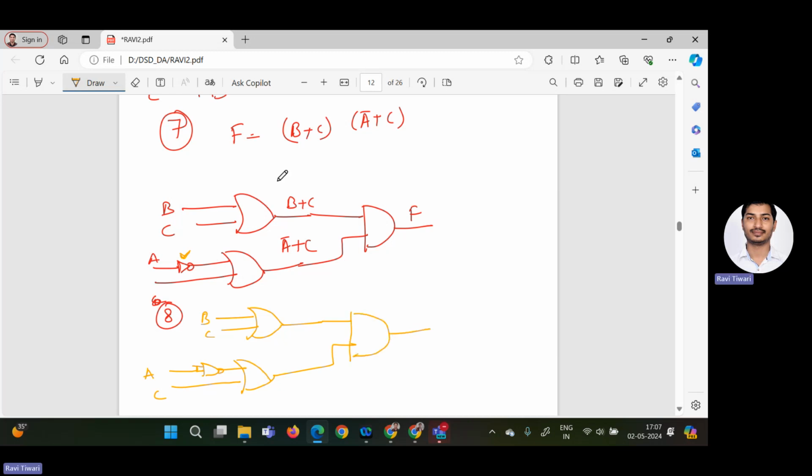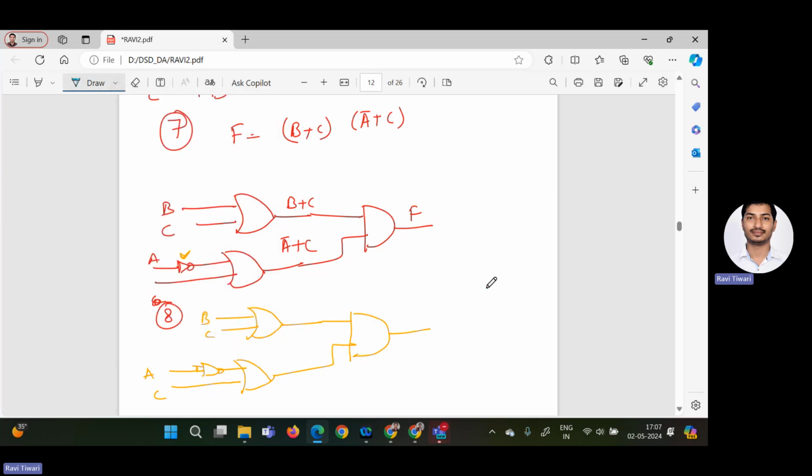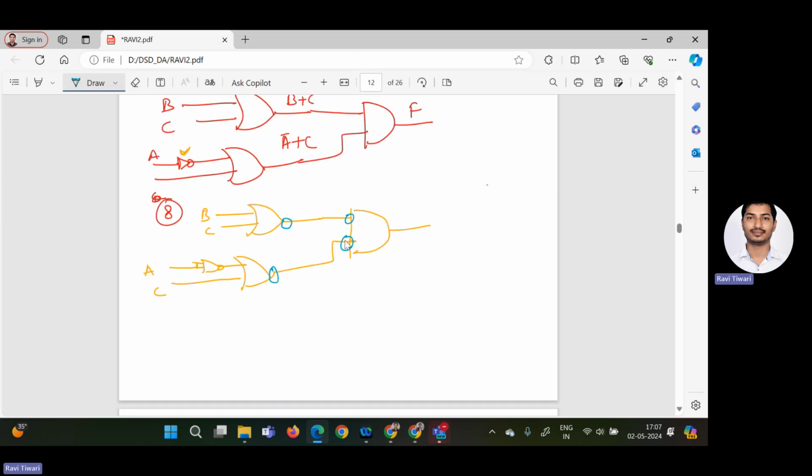Now we have to do the bubbling on both sides. Bubbling will always be between the OR gate and the AND gate. So here you make one bubble, here you make one bubble, and here you make one bubble, and here you make one bubble. And this bubbled AND gate will work as a NOR gate. So I can directly draw a NOR gate like this.